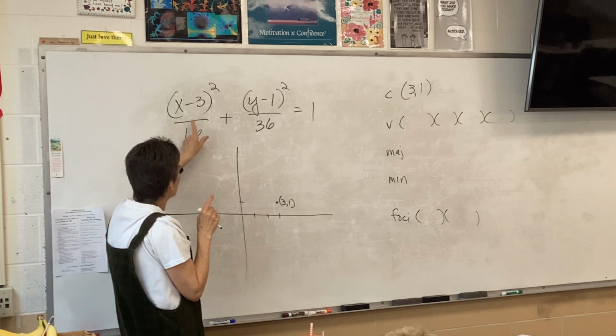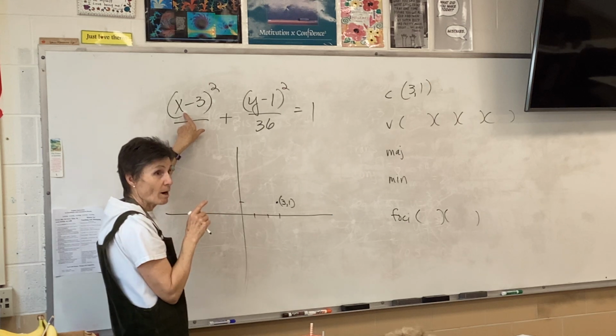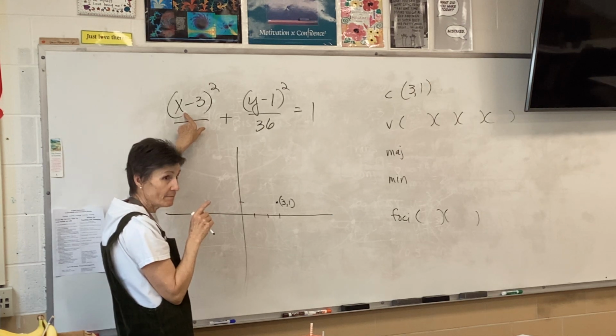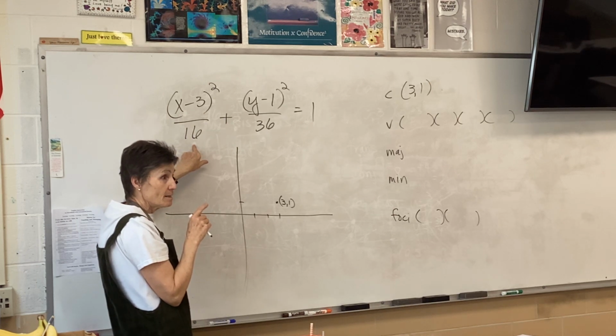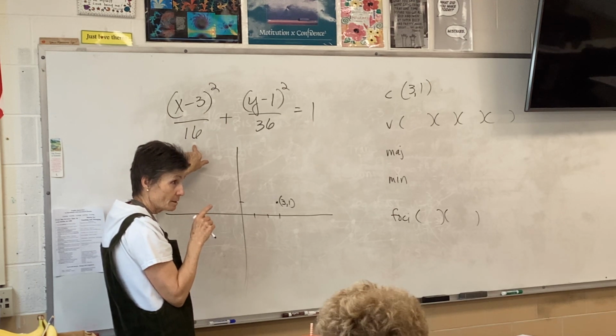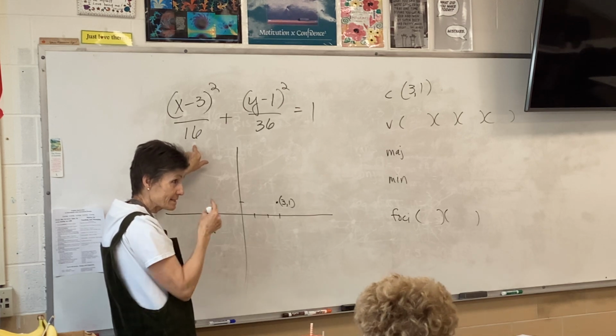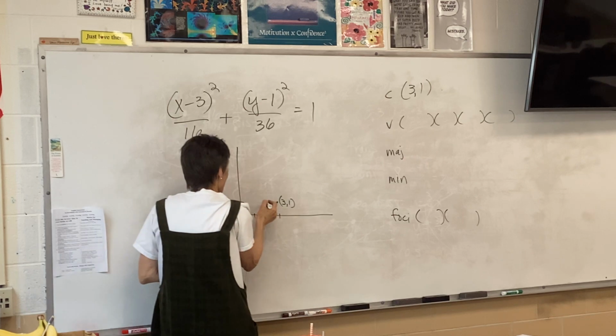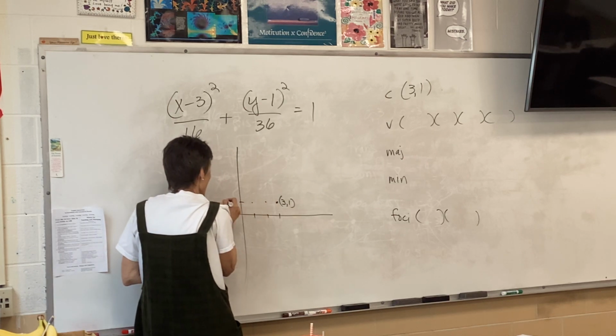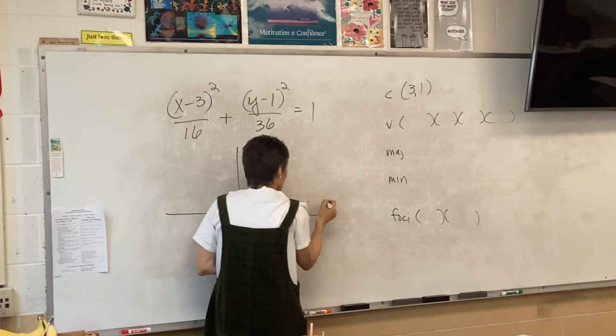Okay, now wait a second. X is my left and right number, right? And under the X is a 16. Square root of 16 is 4. That's how far left and right I'm going. 1, 2, 3, 4. 1, 2, 3, 4.